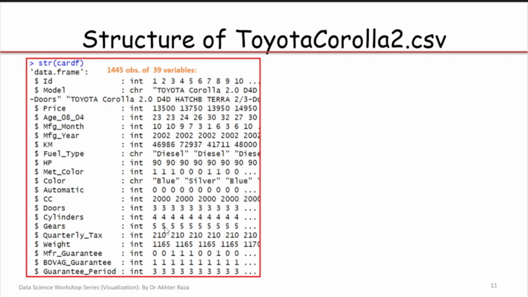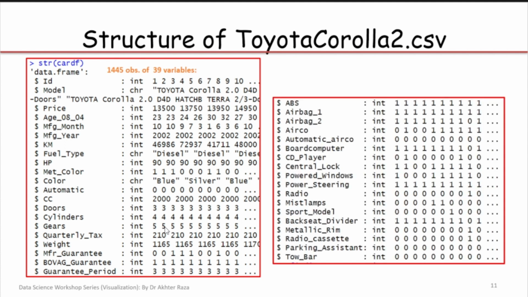We can create the scatter plot between the price, kilometer, horsepower, the number of doors, the number of cylinders, the weight, because these are the numeric variables. We will use all of the numerical variables for the purpose of predictive modeling in the next lectures.